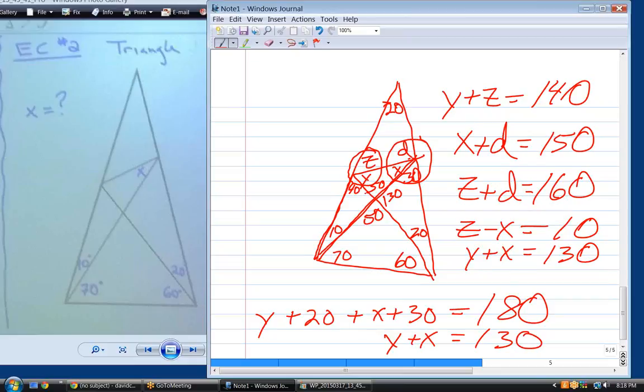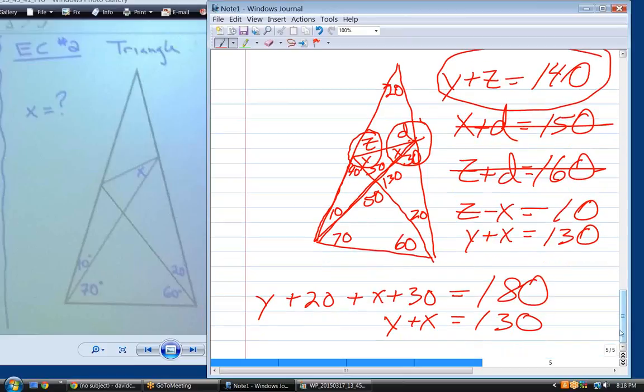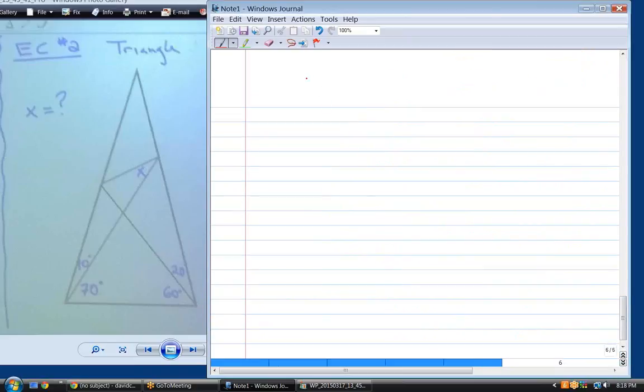Yeah, we have a z plus y. Has to be 140. Okay, we got that here. Z plus y has to be 140. Z minus x has to be 10, and y plus x has to be 130. There's our three equations. Let's see if we can solve those three equations. We got y plus z equals 140.